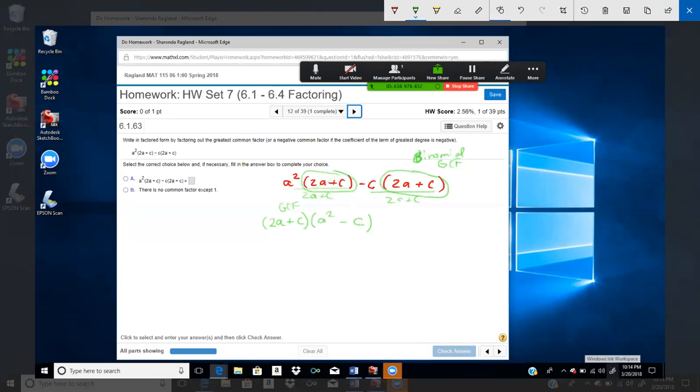And I can't factor a squared minus c because we don't know what c is, it's just c. So this is it. Does it matter if you write a squared minus c first and then 2a plus c second? No, it doesn't. That's like the commutative property of multiplication. All right, good.